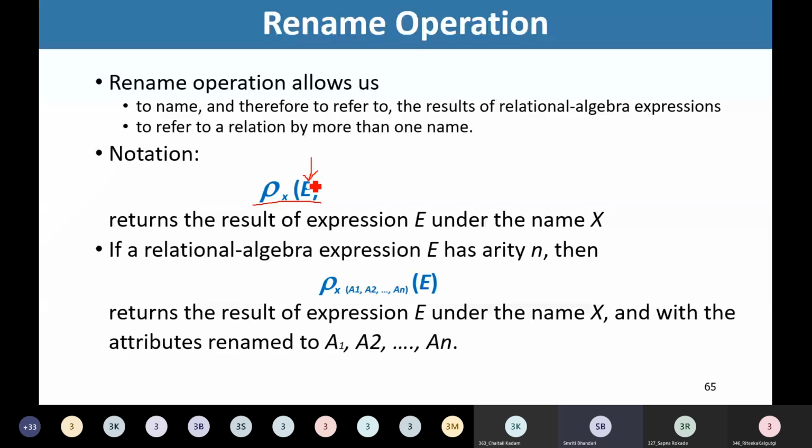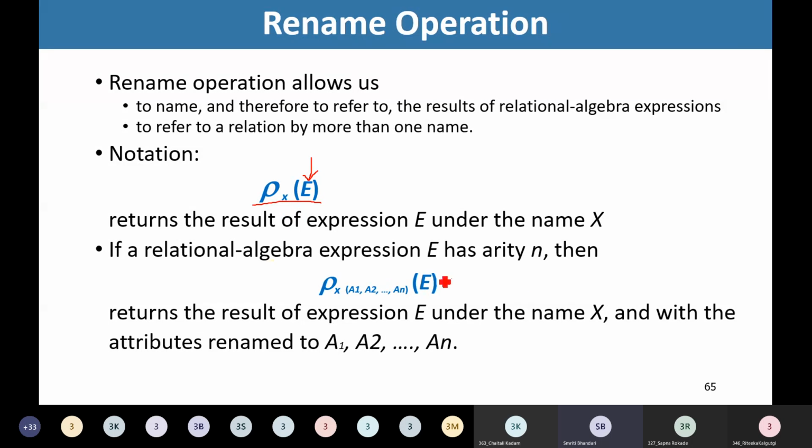E may be any relational algebra expression, and whatever is the result of this expression, that relation is renamed with this name X.